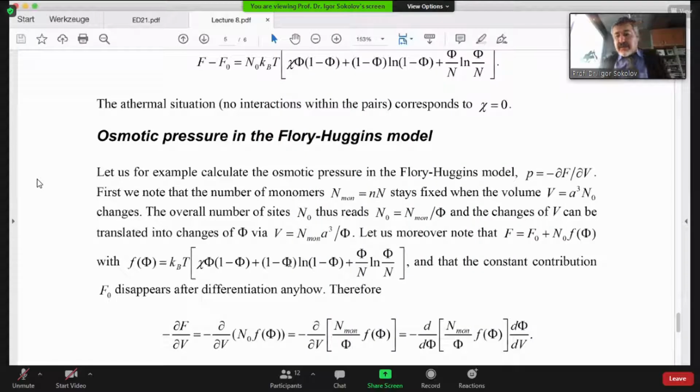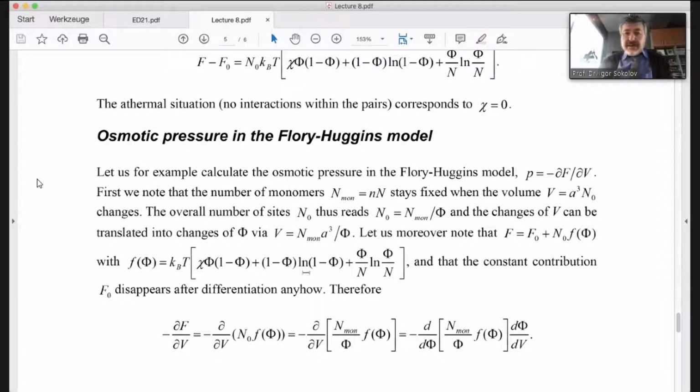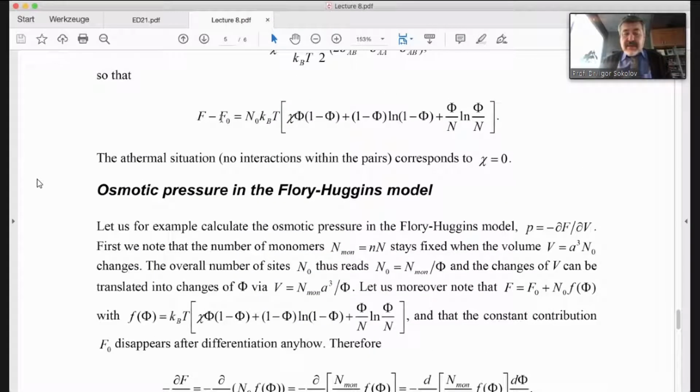To take this into account, and to my taste, of course you can simply express F via V without forgetting what V is.